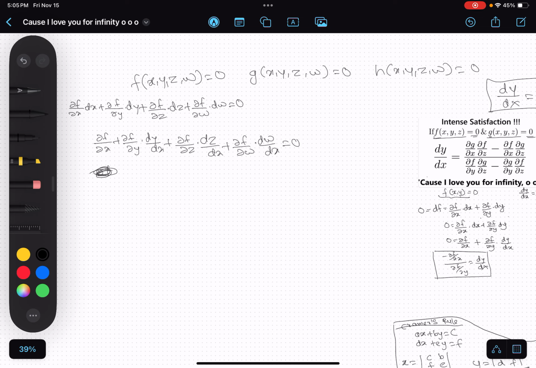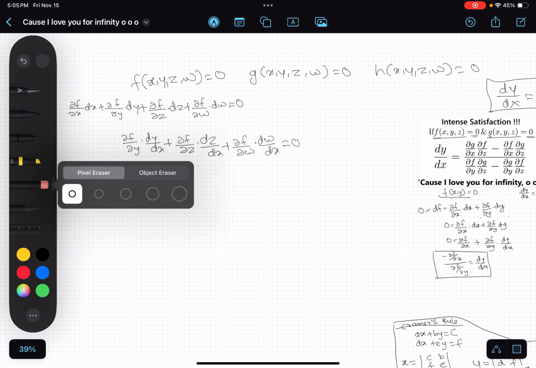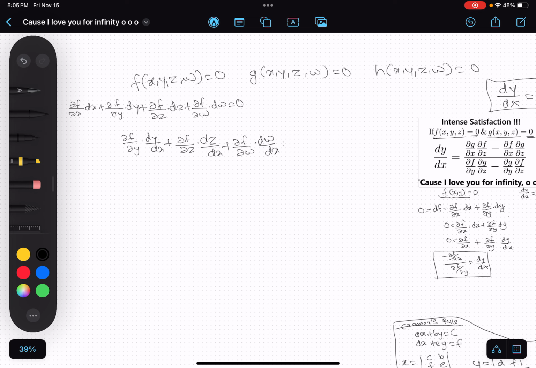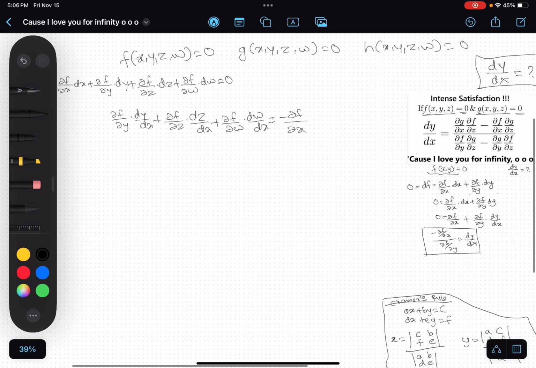Now let me take it to the other side, because that's what we are eventually going to do. We are going to take that to the other side, so that will be minus partial f by partial x. Also let me do it for the others. If I do it for g, I will get partial g by partial y times dy by dx plus partial g by partial z times dz by dx plus partial g by partial w times dw by dx equals minus partial g by partial x.